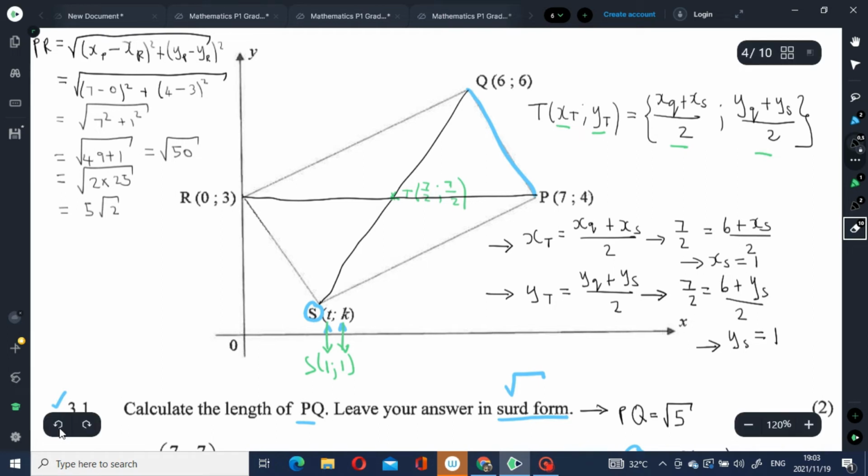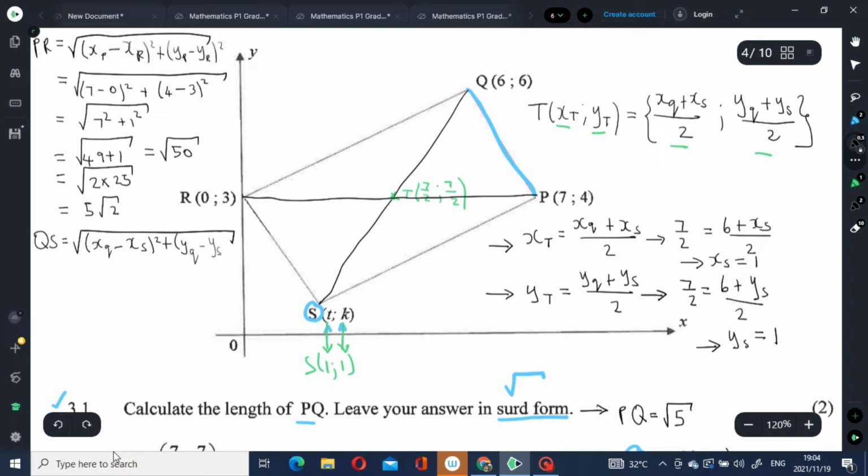Now let's quickly find the distance of QS. Once again, we apply the distance formula. So QS is equal to the square root of (xq minus x of s) squared plus (yq minus ys) squared.